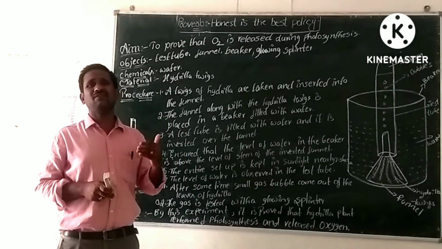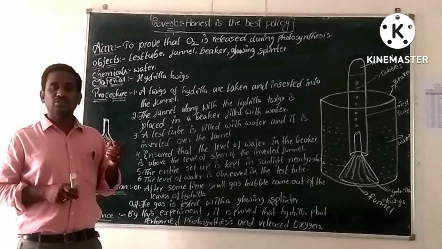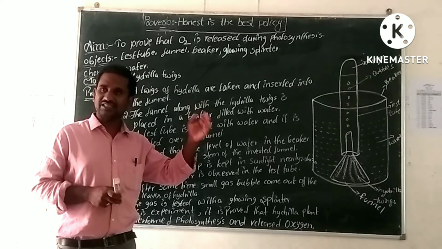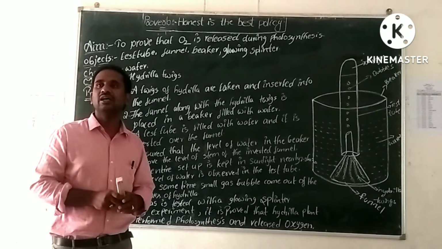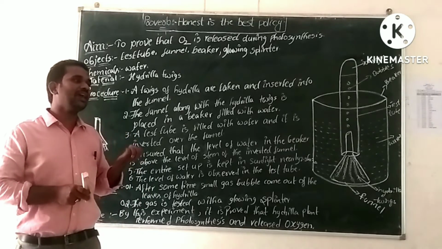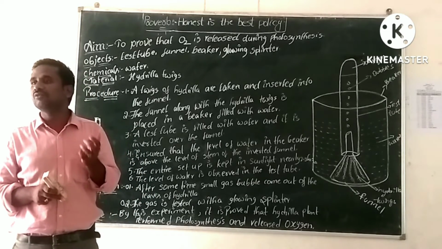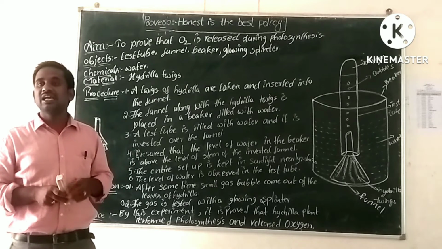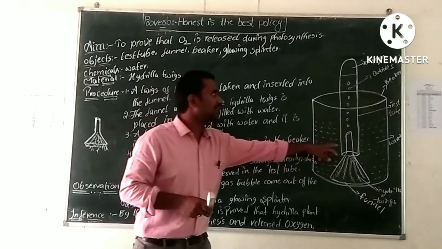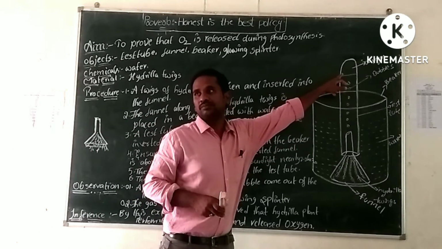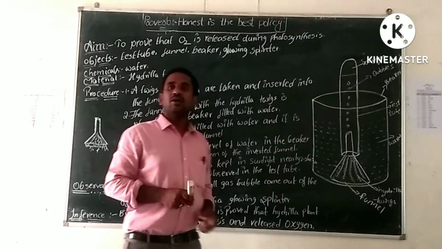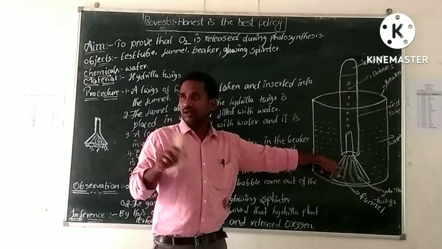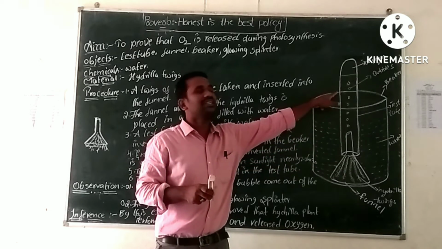When you keep the Hydrilla plant and the total apparatus in the sunlight, after 2 to 3 hours we can observe little bubbles coming from the Hydrilla plants. Those bubbles will be collected in the test tube, the gas released by the Hydrilla.